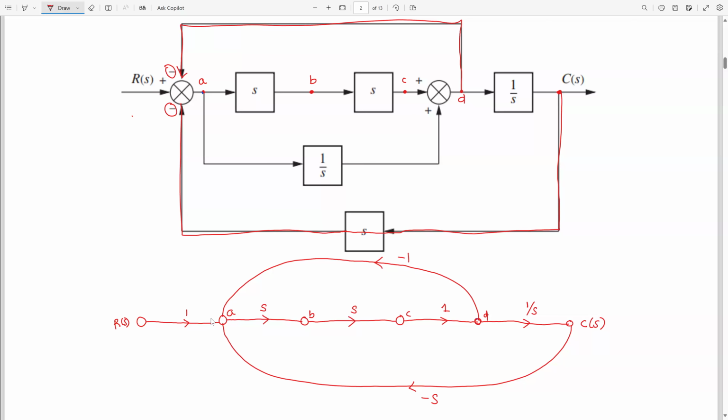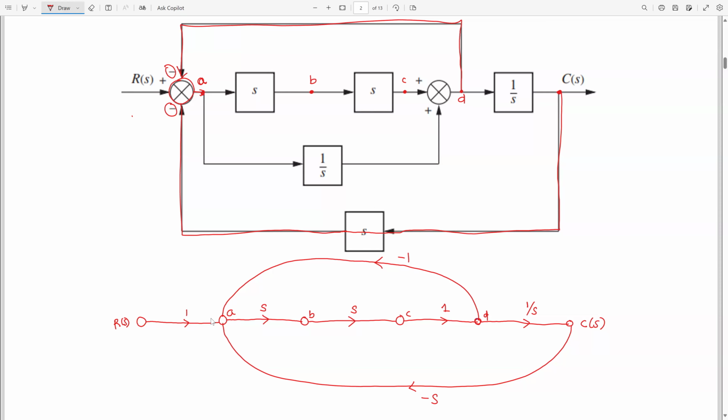So the signal on this node should indicate that it's an output of a summing junction, and that's what we have seen here. So the output of the summing junction is this signal here, A. Okay, that's great.